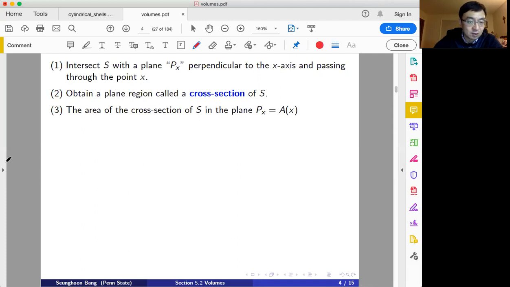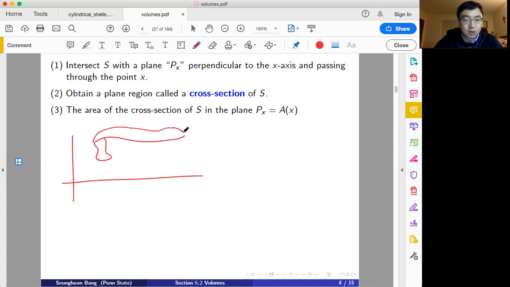So what does it mean? We have a solid S given. You can choose x.